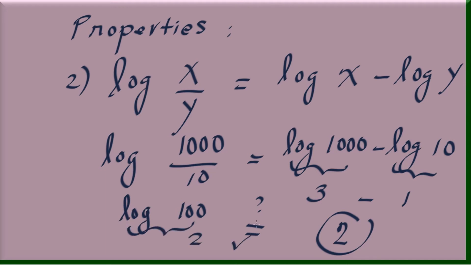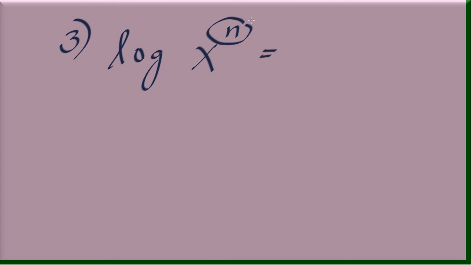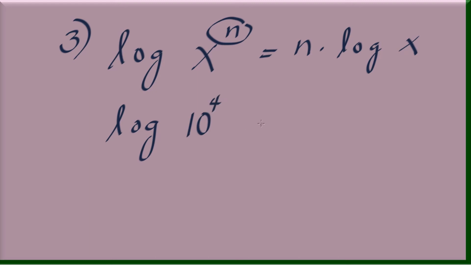Now, the third and last property is the logarithm of x raised to n. We have this exponent n, and we can convert this format to simply multiply the n to the logarithm of x. In other words, if we have to get the logarithm of, say, 10 to the fourth power, we can rewrite this as 4 times log of 10.